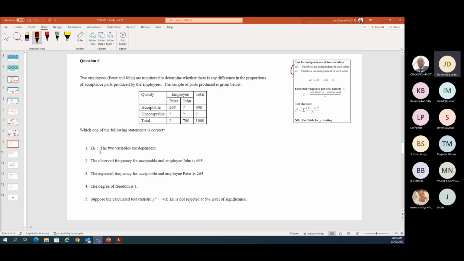So let's look at that principle. H0, the two are dependent. Okay, so you're looking for correct. Okay, H0, the two are dependent. H0 is independence. Okay, wrong.